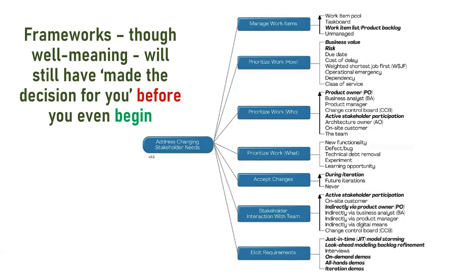So how can we get people to an agile method and sort of hide this complexity, or not hide it, well, protect people from this complexity, I guess. But at any rate, without being ill-intended, what happens is all frameworks make the decision for you before you even begin in terms of these choices.